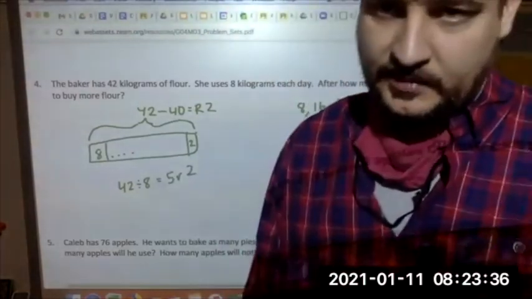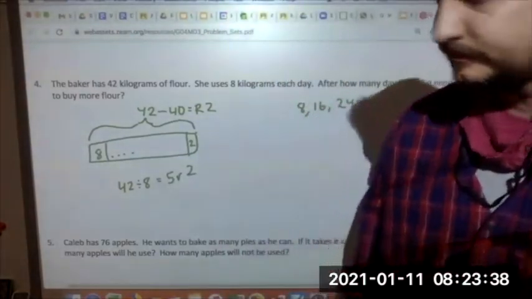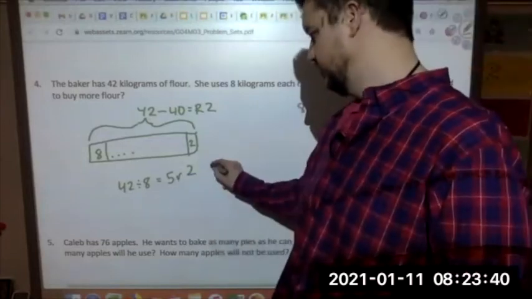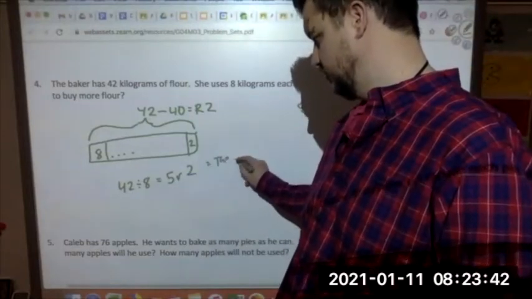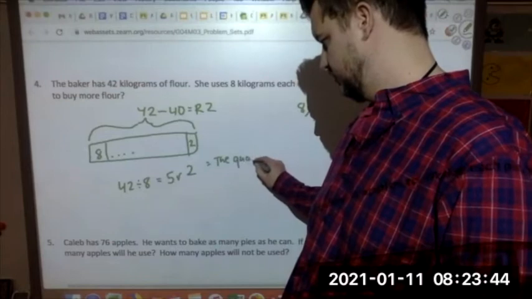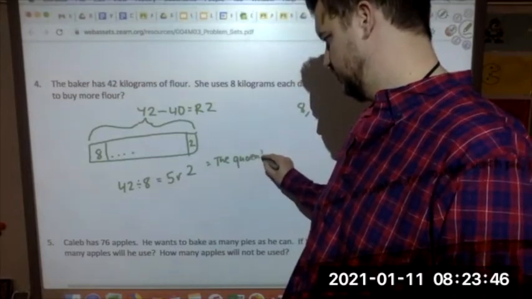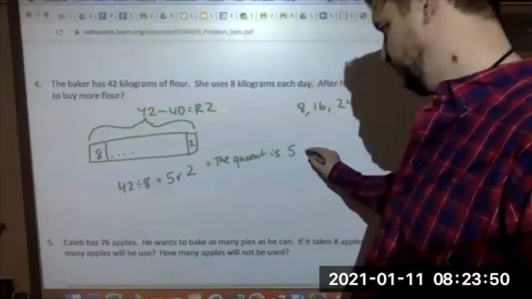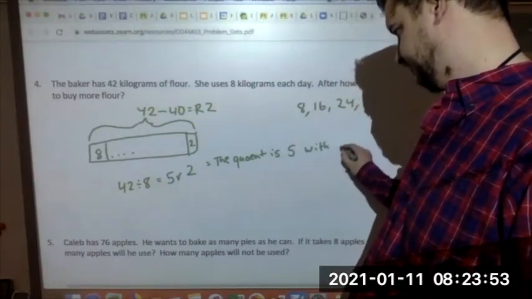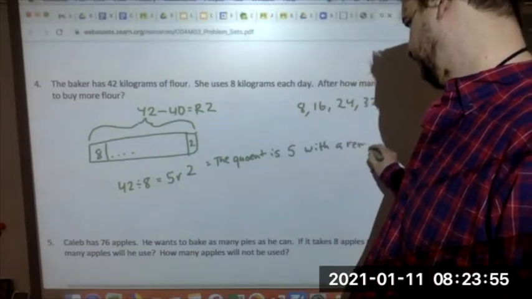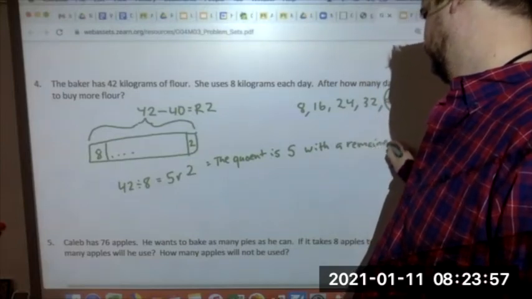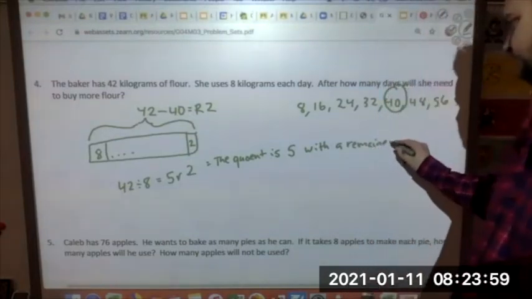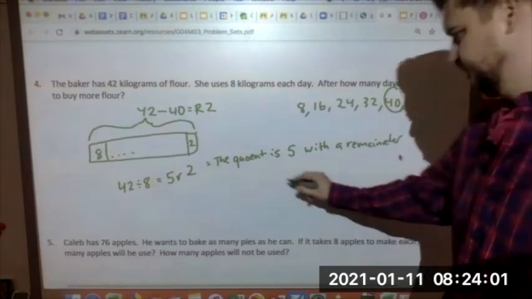So now I have to write my answer in a statement. The quotient is 5 with a remainder of 2.